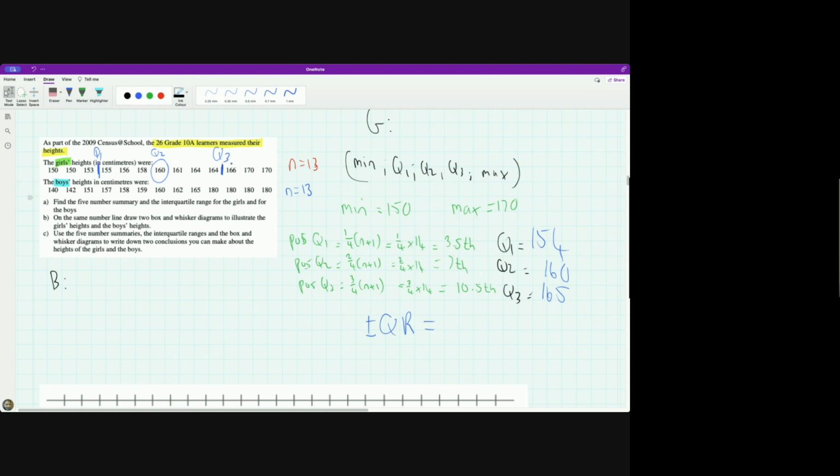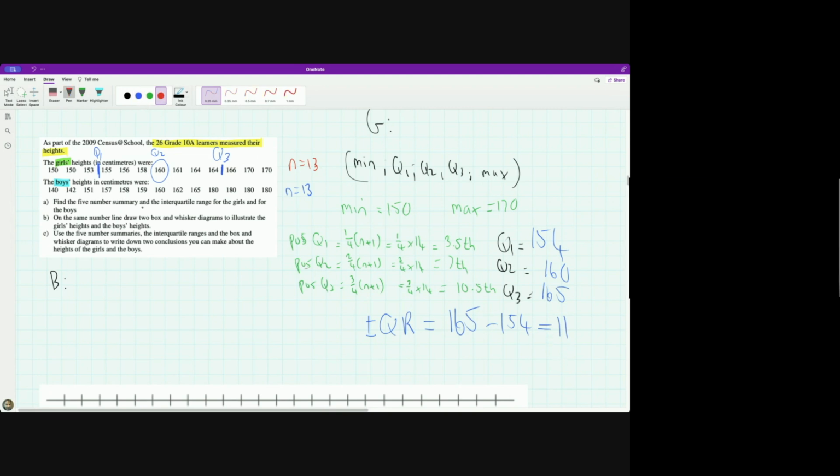Just pop it in the chat. So Q3, 165 minus 154. Kilobukilia, I agree. Interquartile range is 11.